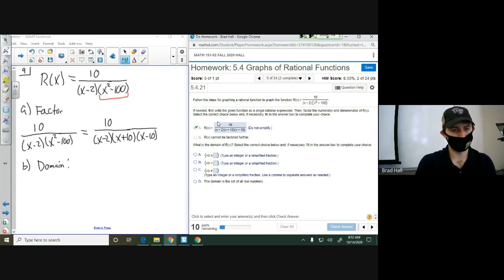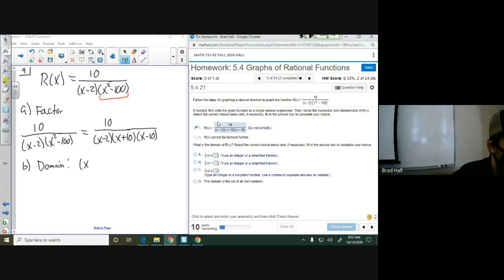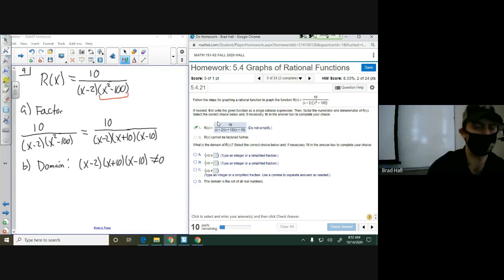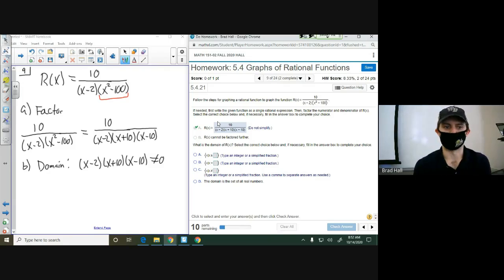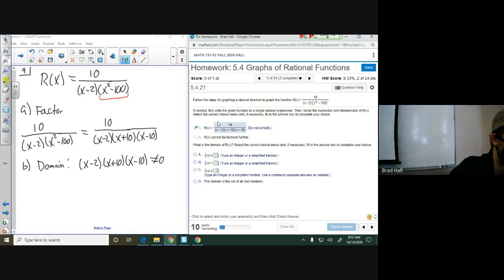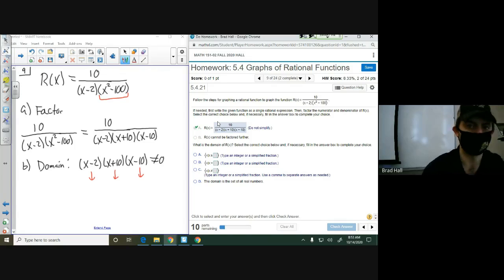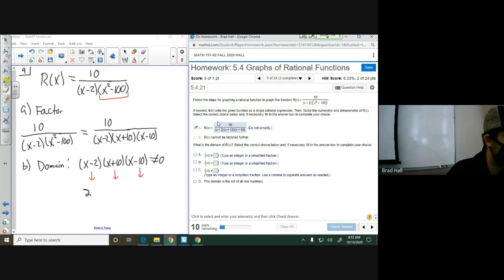So the domain here, remember we set the denominator not equal to 0. And we solve for x. But since this is factored, this is equivalent to finding the zeros, which means we can find the x values very quickly. So positive 2, negative 10, and positive 10.